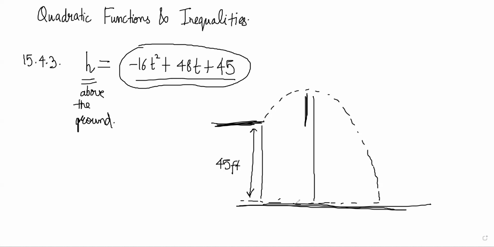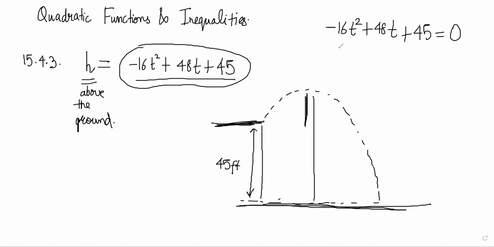What is the question asking us now? It's asking how many seconds until the ball hits the ground. What should be the height from the ground when the ball hits the ground? 0. So should I now equate this to 0? Yeah.